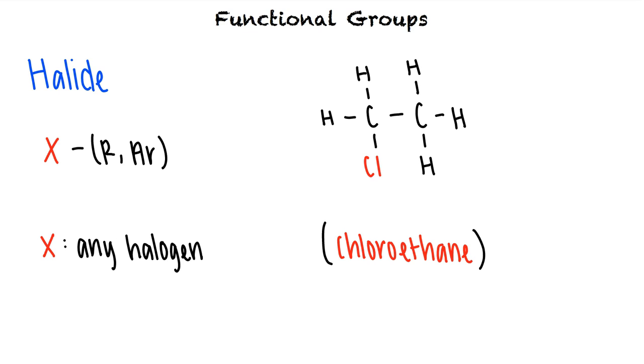Now let's take a look at what happens when we introduce nitrogen to the picture. The amine functional group contains a nitrogen and has at least one alkyl group. This is one functional group where we must label it as primary, secondary, or tertiary.